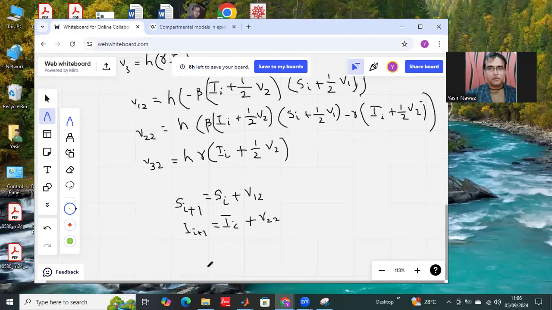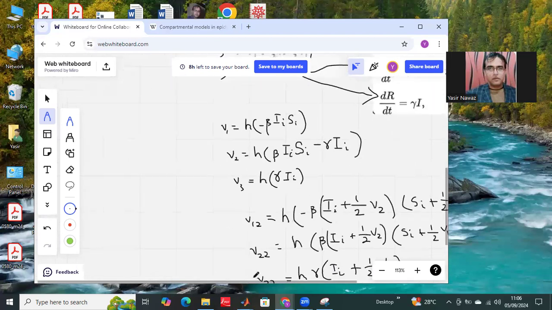And now for the third one, I would have R at i plus 1, which is equal to R_i plus the previous component of recovered, which is V32. So V32. Now I will construct the code for this.